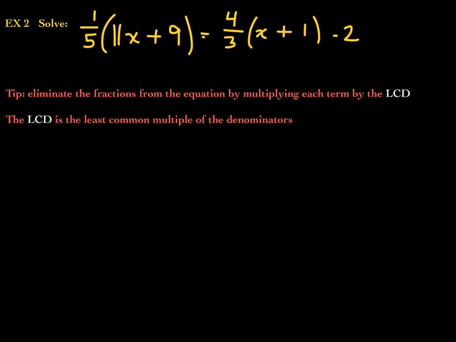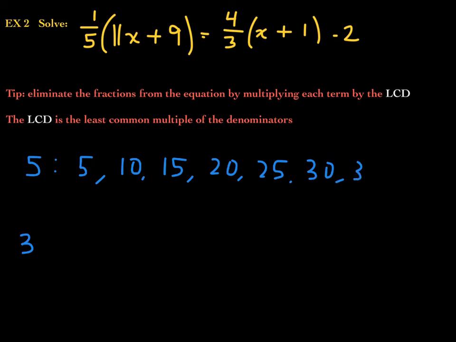Now watch this. Your denominators are 5 and 3. Let's list out the multiples of 5. 5 times 1 is 5. 5 times 2 is 10. 5 times 3 is 15, 20, 25, 30, 35, and the list goes on and on. These are the multiples of 5. What are the multiples of 3?